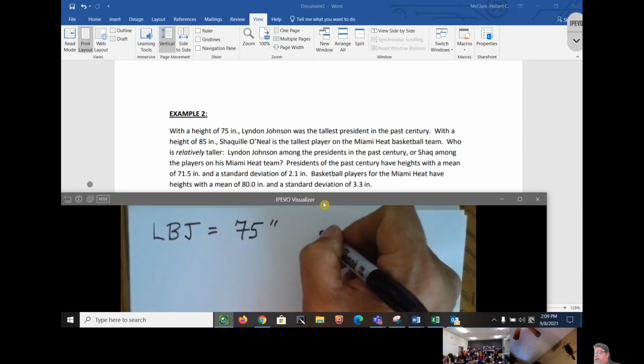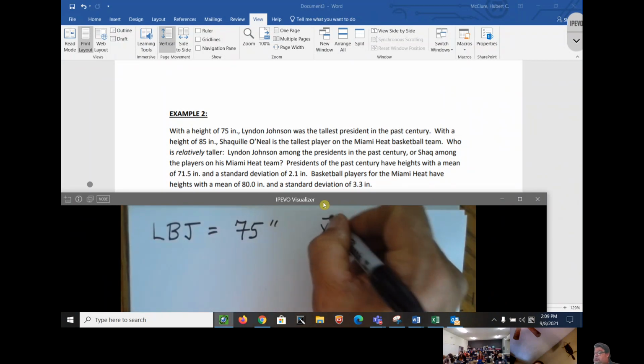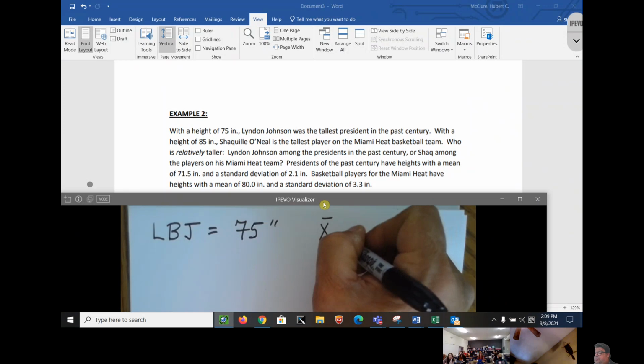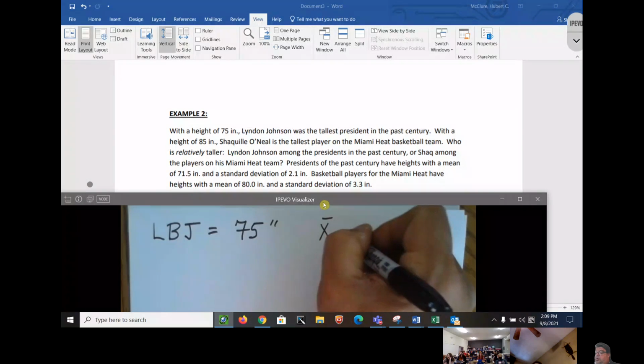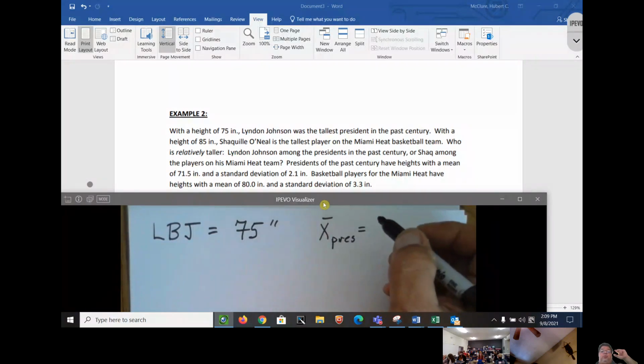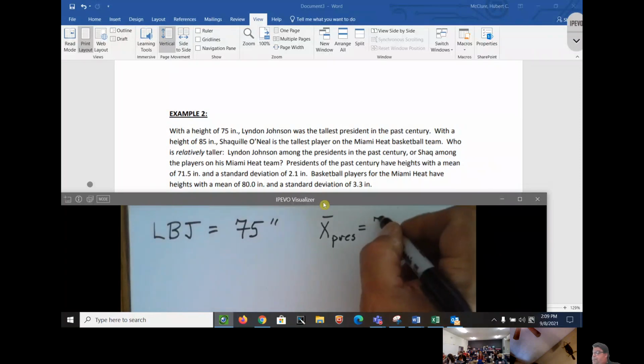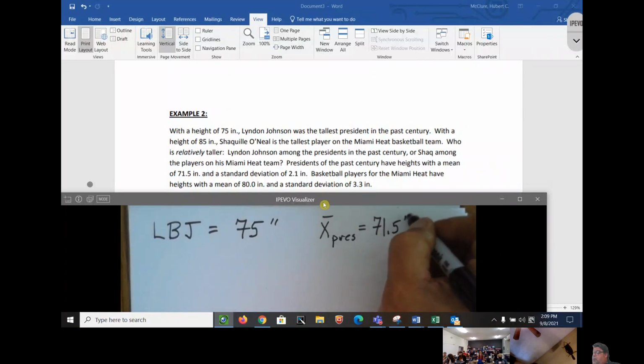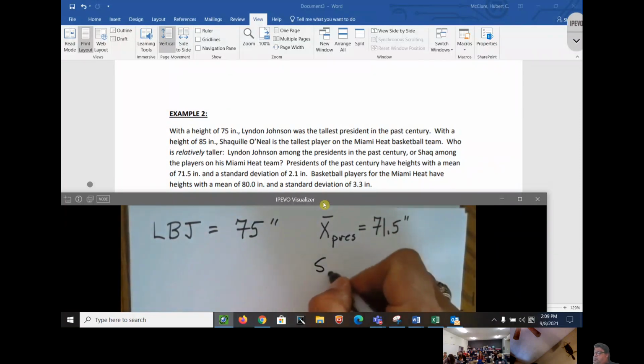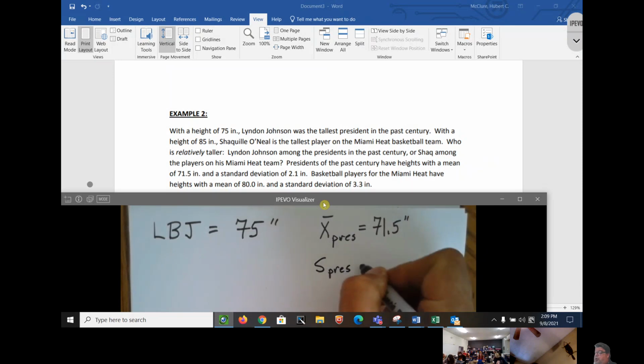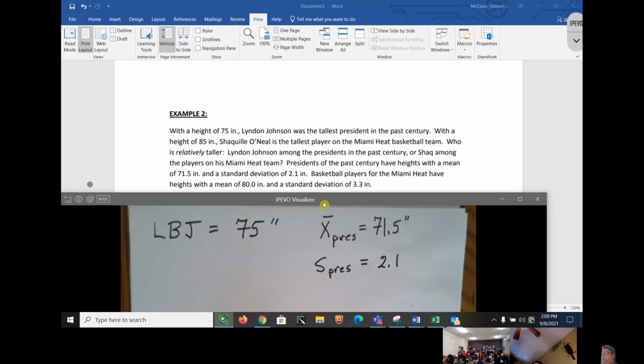And the president's average height is 71.5, and a standard deviation of 2.1. Shaq is 85 inches.